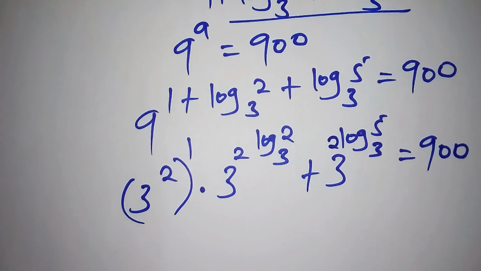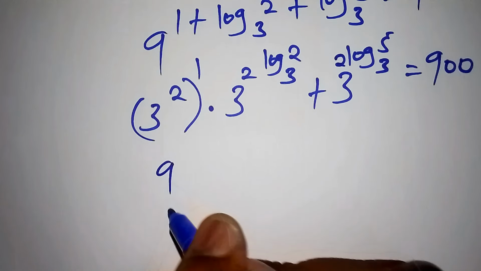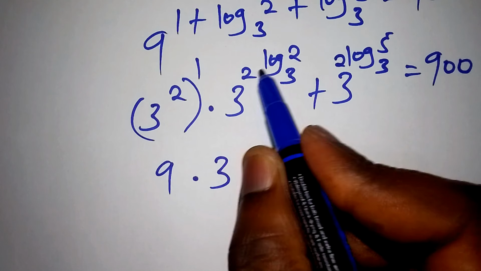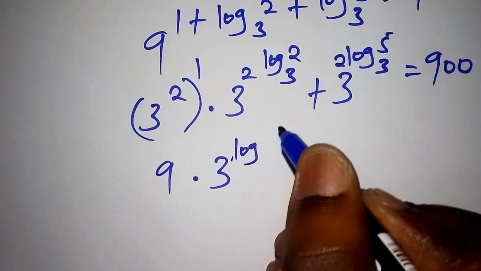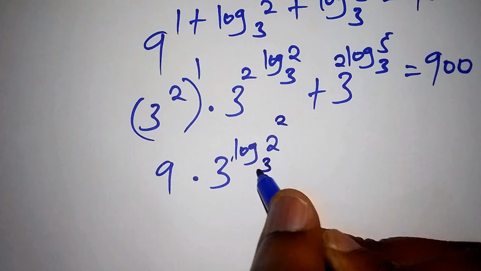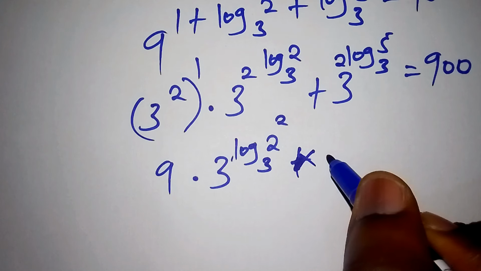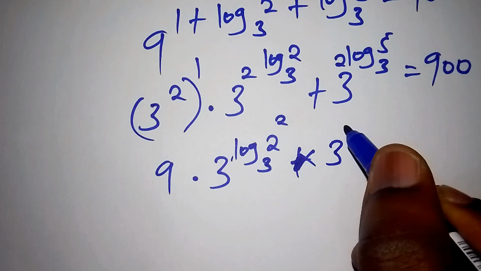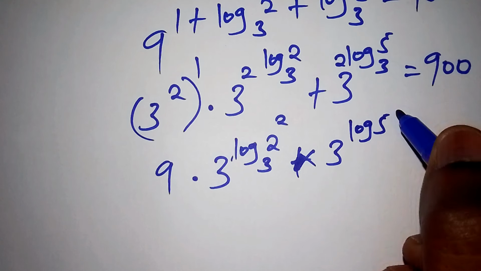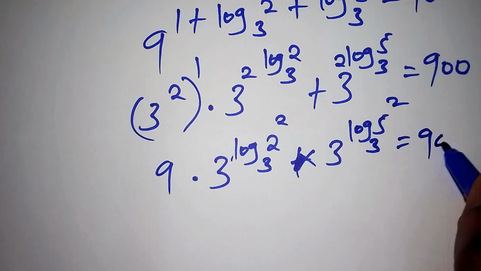So we shall have it as 9, then multiplied by 3 to the power of the log of 4, because this is the log of 2 squared to the base of 3, and it's multiplication, we multiply again by 3 to the log of 5 squared to the base of 3, is equal to 900.